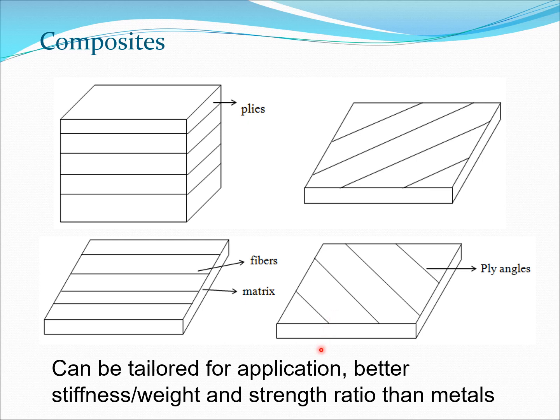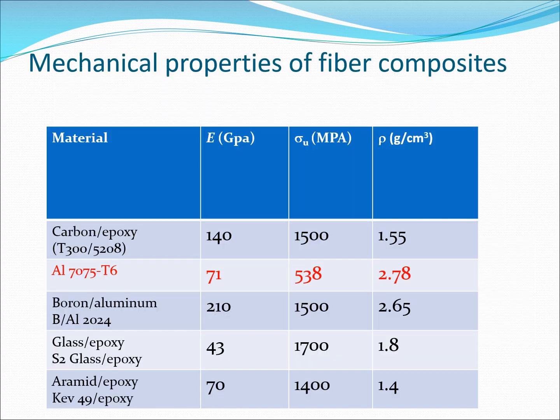So better stiffness to weight and strength ratio can be obtained, and you can even do something known as tailoring. Tailoring can sometimes help in situations such as creating an aircraft which does not encounter instability problems, because you can create various types of bending, torsion, couplings, and so on. So you could, for example, design an aircraft which has a forward swept wing using some of these composites and still have it be stable.